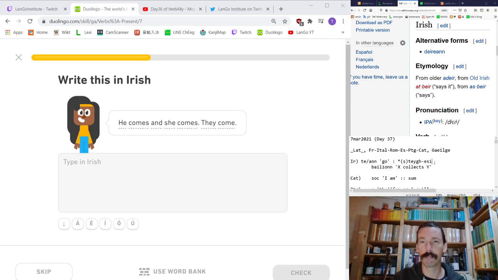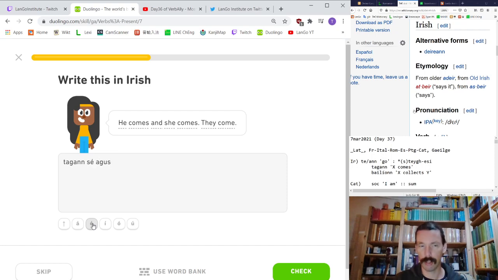Tagen, come. So intransitive, just X comes to a place. Tagen she, agus tagen she. In other languages that have actual inflection here, this exercise makes more sense. In Irish, it's a bit tedious.